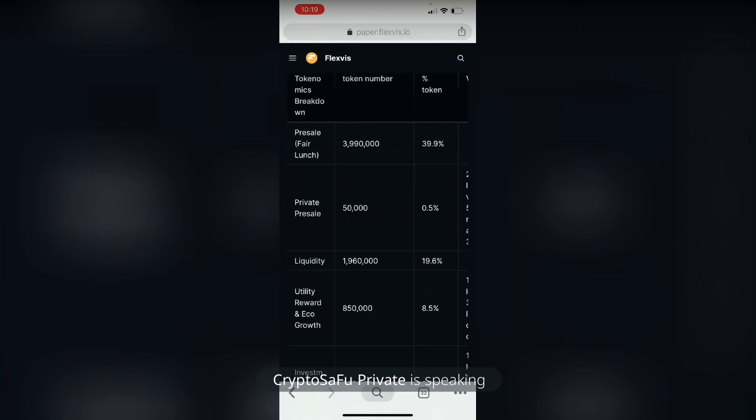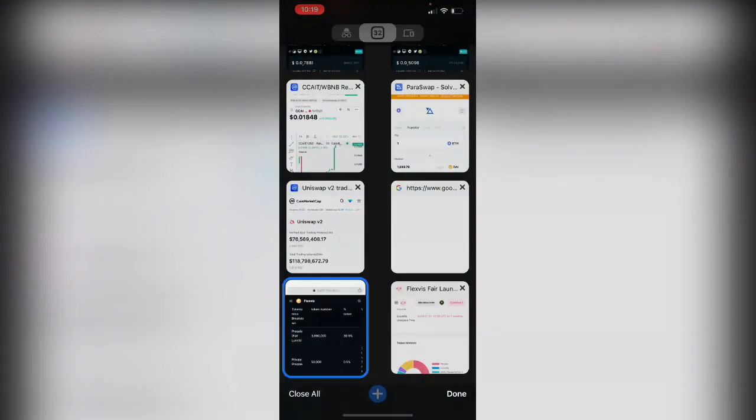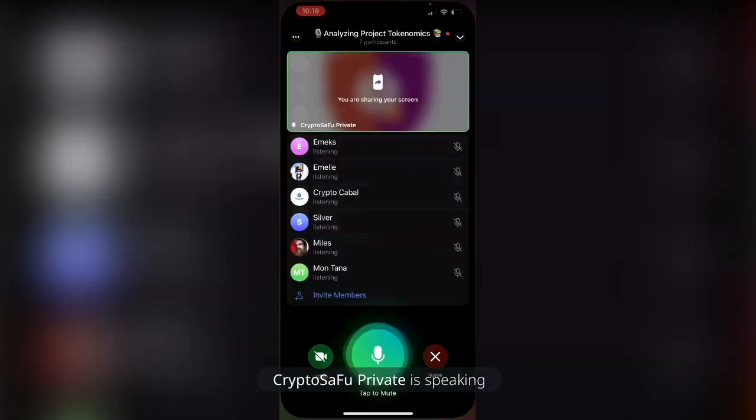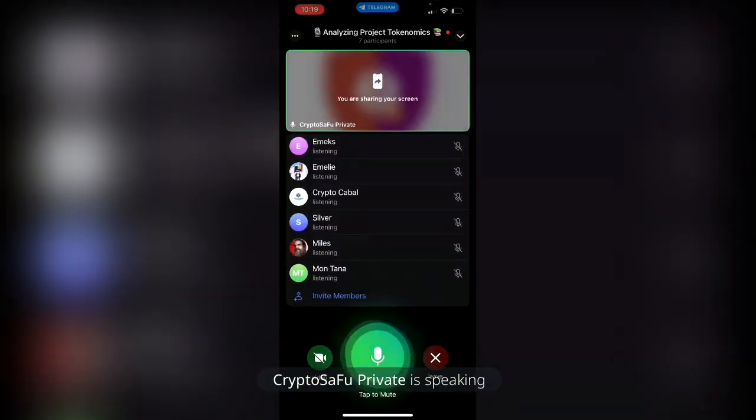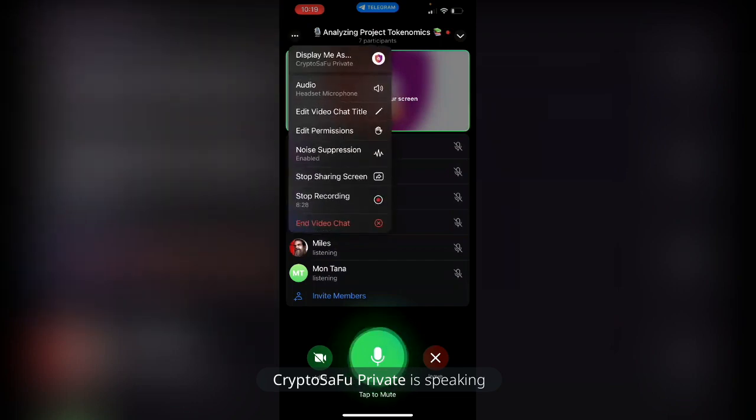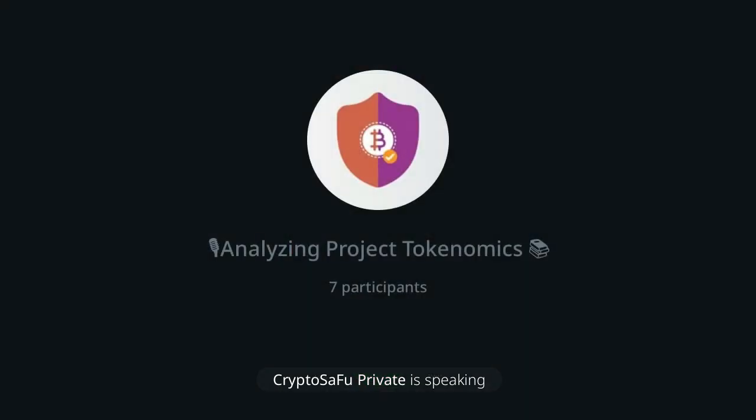Crypto Cabal did a great job yesterday trying to make sure we all can understand this better, and it was a very interesting topic for all of us yesterday when we were here. So for me, that is a quite straightforward and simple way of understanding what a project's tokenomics is.